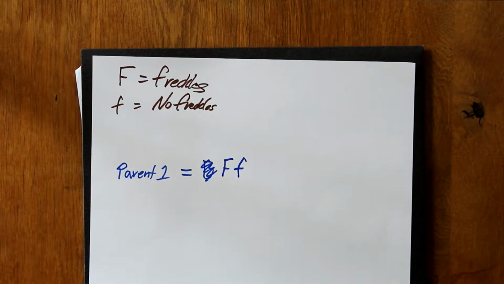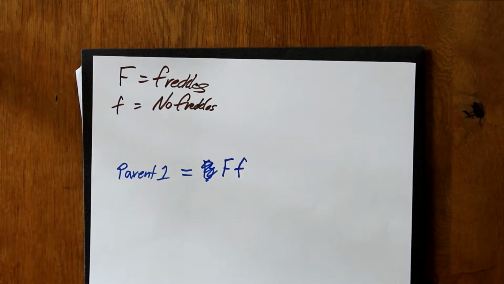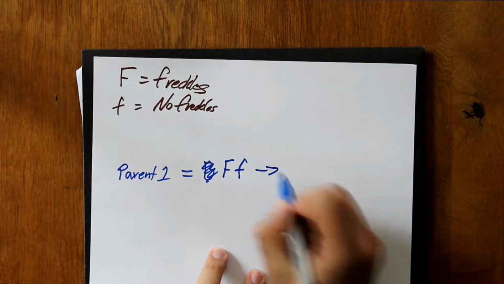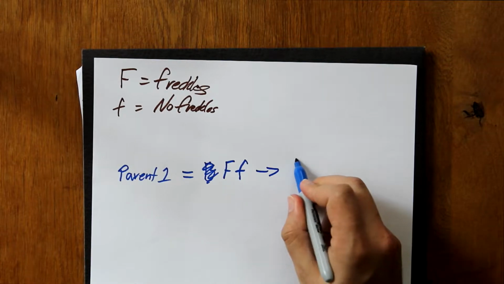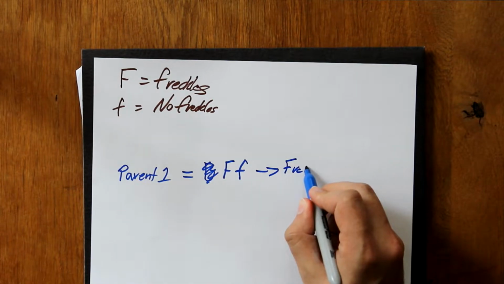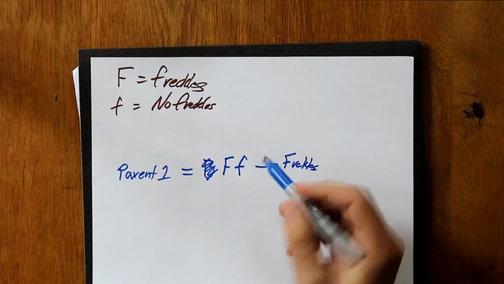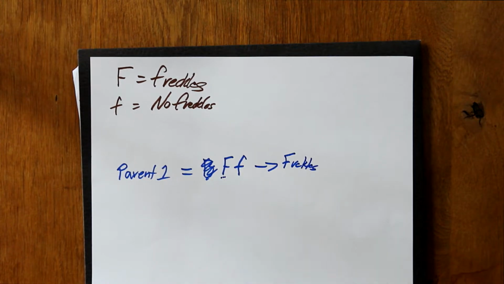What's this called? Yes, heterozygous. And what does big F, little f code for? That's going to give me freckles. Because, as we said, since there's a dominant freckles gene here, even if there is a recessive no freckles one, it won't be expressed because there's a dominant gene in the way.